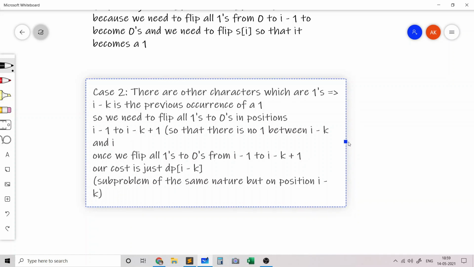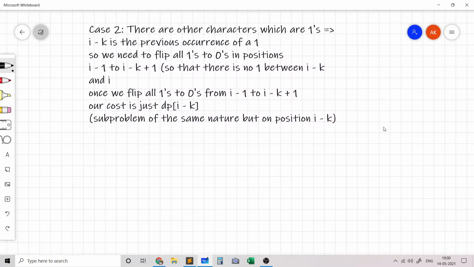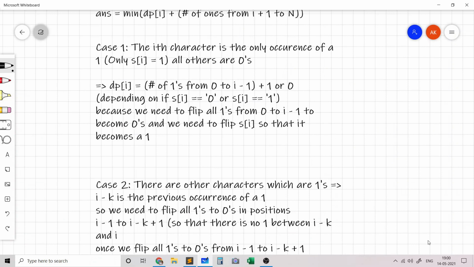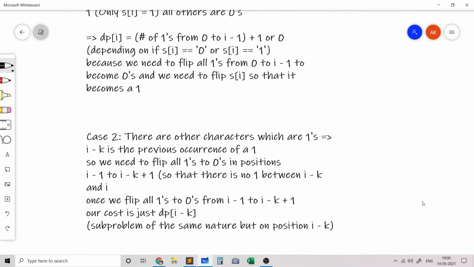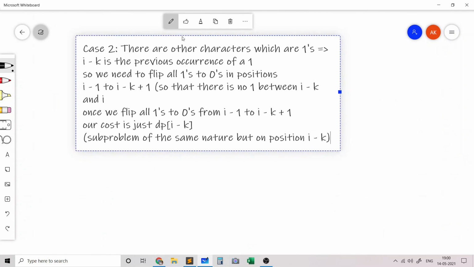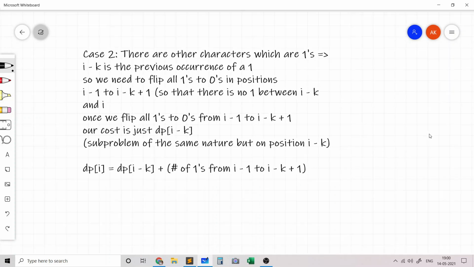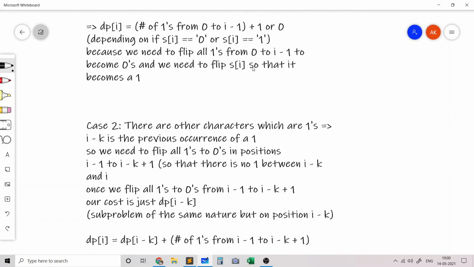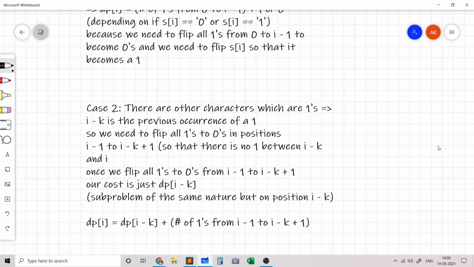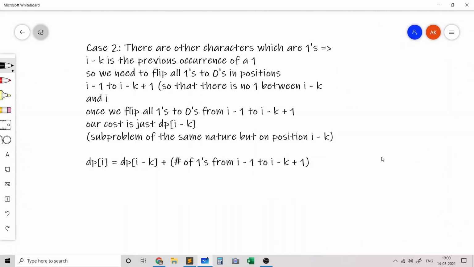And that's all that's there in our whole dp solution. We just need to consider these two cases. In case 1, we found that dp of I is number of ones from 0 to I minus 1 plus 1 or 0, and in case 2, dp of I is just dp of I minus k plus number of ones from I minus 1 to I minus k plus 1. So what's left to consider is how do we efficiently find the number of ones in an interval, because in the first case and in the second case we need to find the number of ones in a range.